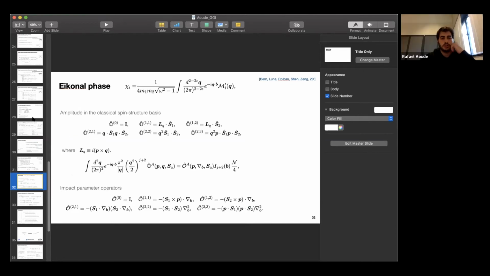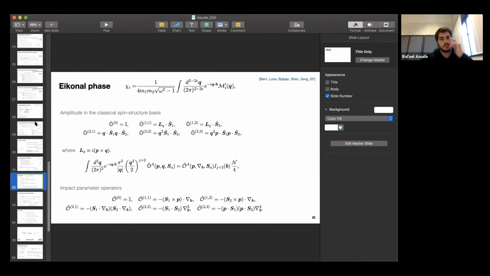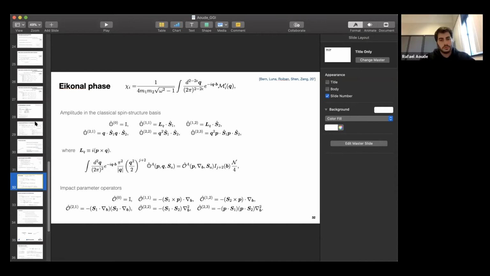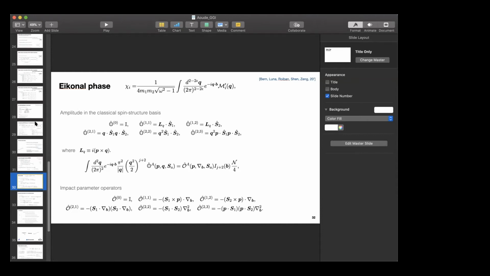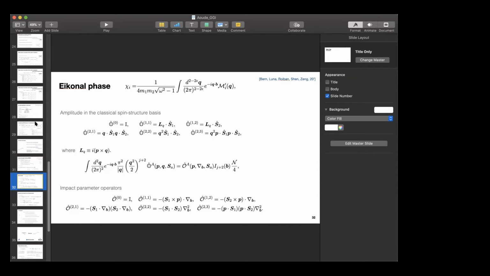Yeah. So when does the eikonal become imaginary? Immediately at lowest order in the size of the string divided by the impact parameter. So, as soon as you have tidal excitation, by definition, your string can become excited or change its quantum numbers.